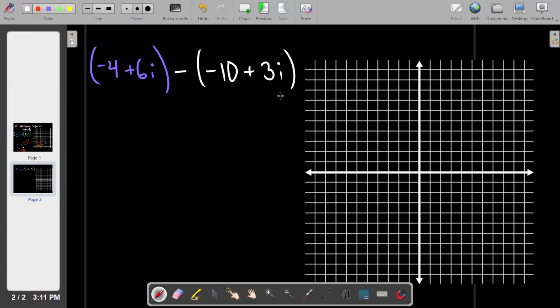So we get to connect old knowledge to new knowledge here today. And you'll remember that in the last unit, that last little quiz you took, what did we do with a minus sign like that? We distribute it, right?